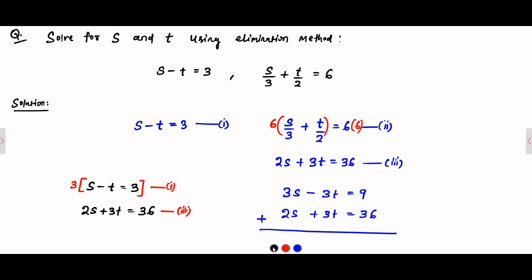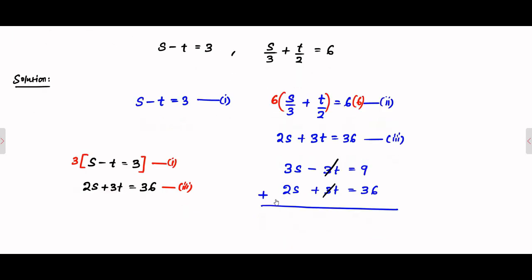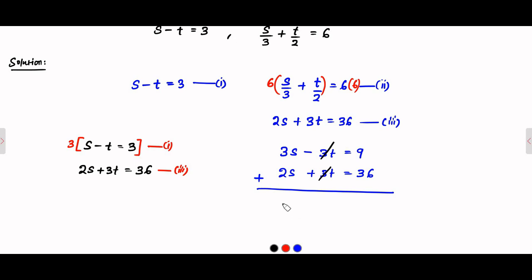Then minus 3t plus 3t gets cancelled. 3s plus 2s is equal to 5s, and 36 plus 9 is equal to 45. That implies s is equal to 9. We have got the value of s is equal to 9.